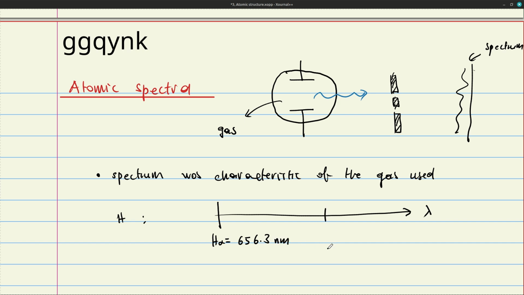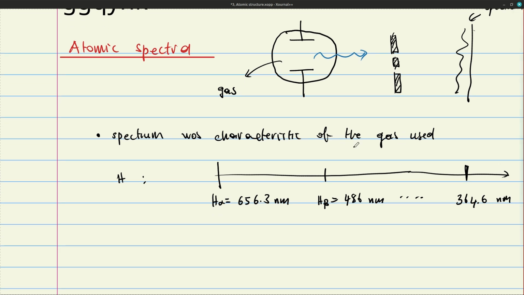You had another one called H beta, at 486 nanometers, and all the way on, and this spectrum was terminating at some point, with the last line at 364.6 nanometers. Luckily, these are all in the visible range, so you could see these lights.